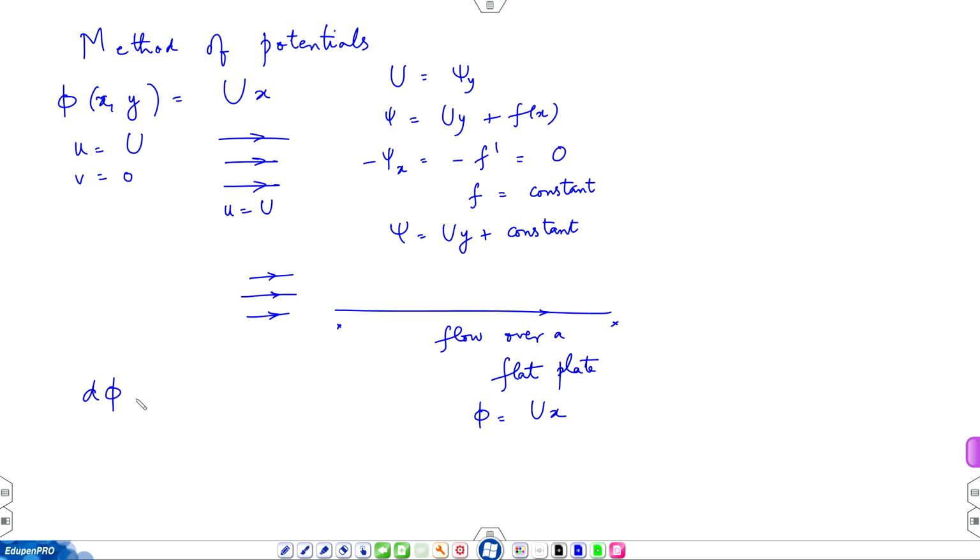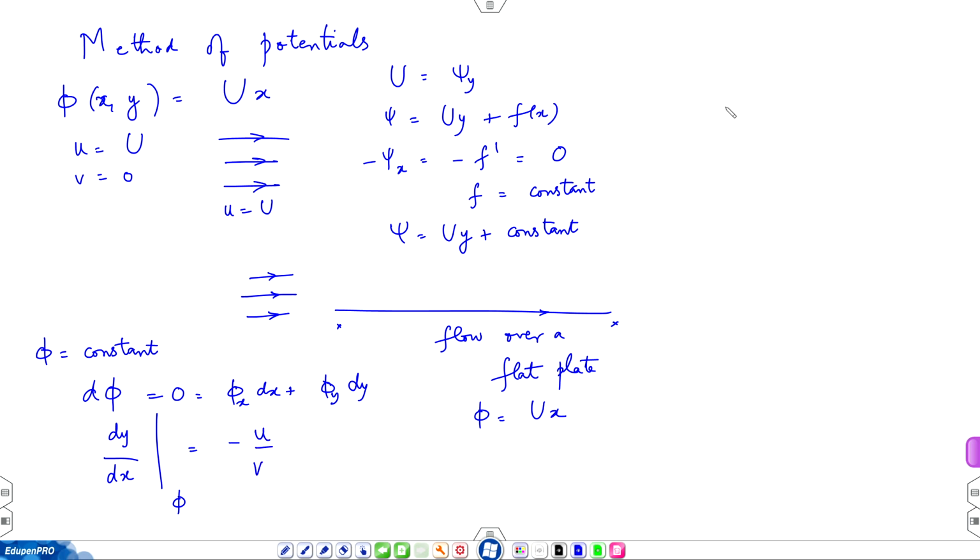So, suppose this is on phi equal to constant, d phi is 0, which is phi x dx plus phi y dy. So, dy/dx, the slope of the constant phi line, is minus phi x over phi y, which is minus u over v.